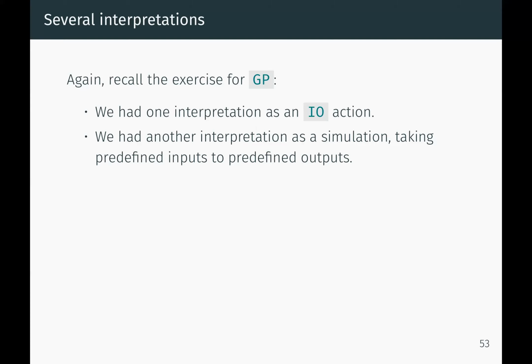In the exercise, you didn't know it was a free monad, but you already saw that you could write programs using this GP and then interpret the same program in different ways, like in IO or in something else. That's basically the main advantage of this. You can have a monad with abstract operations and write programs in it, and then later decide how to interpret them, if you want to interpret them.